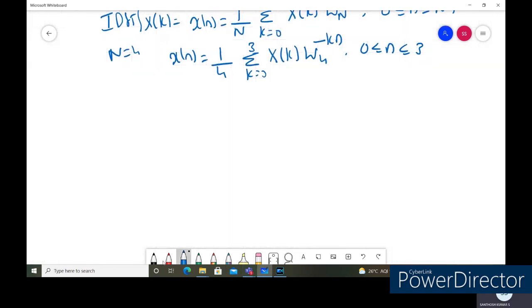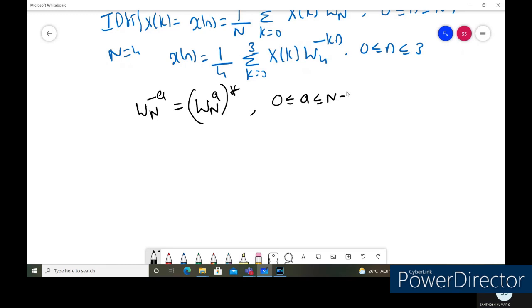Now let us find the values for the twiddle factor omega 4 to the power of minus kn. We can consider the conjugate symmetry property: omega N to the power of minus a is equal to omega N to the power of plus a, conjugated, where a takes the value from 0 to N minus 1.